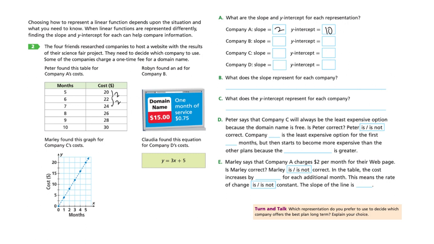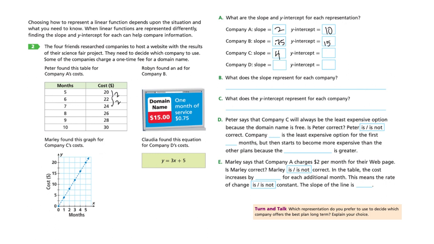So company B, the slope, let's see, the slope is, because they charge 75 cents per month, that's the slope. And the y-intercept, where they start you, is 15. That's the initial cost. Company C, the slope is 4.